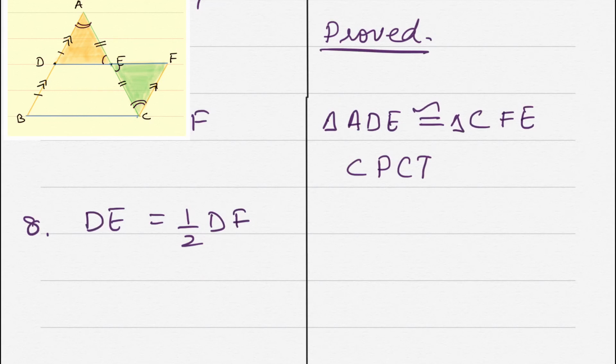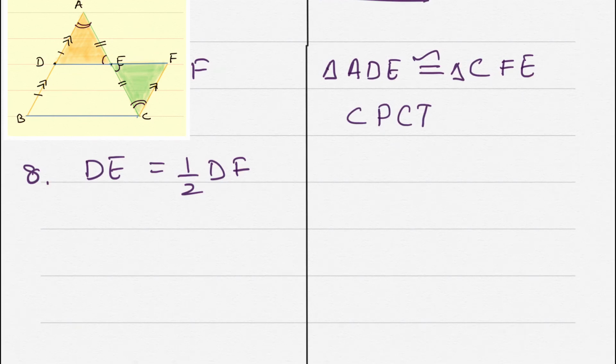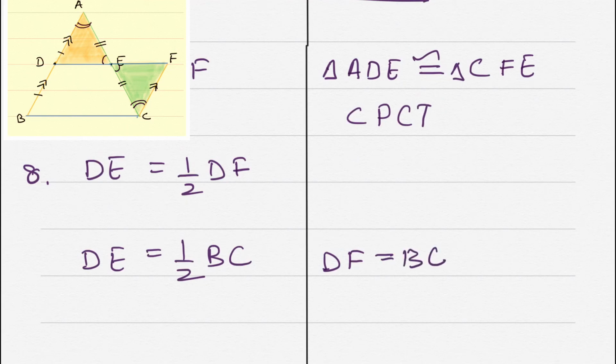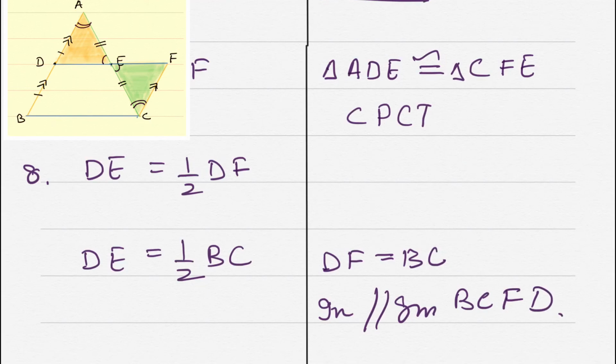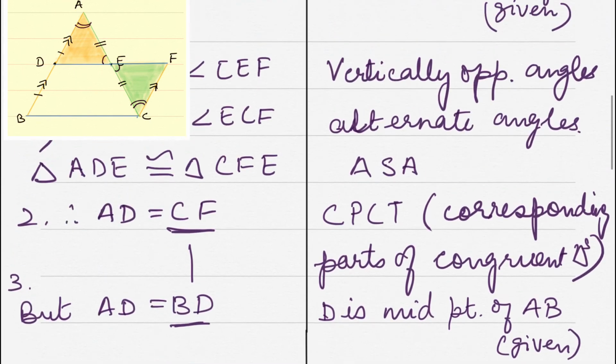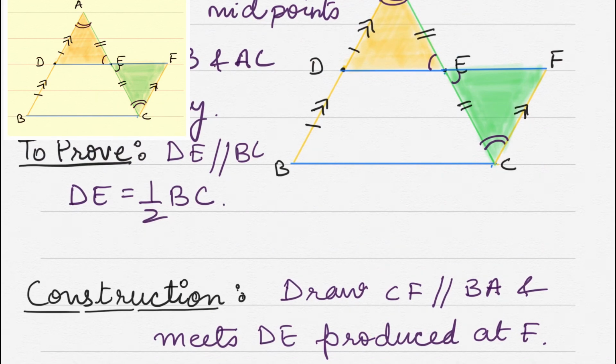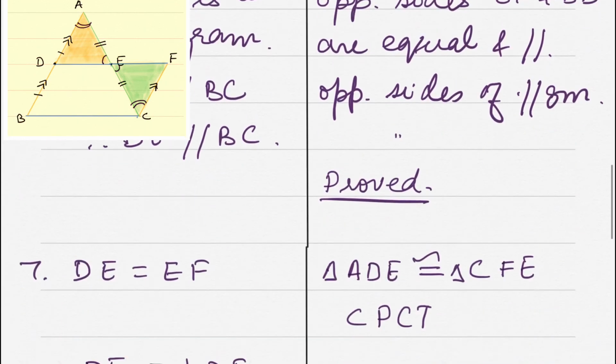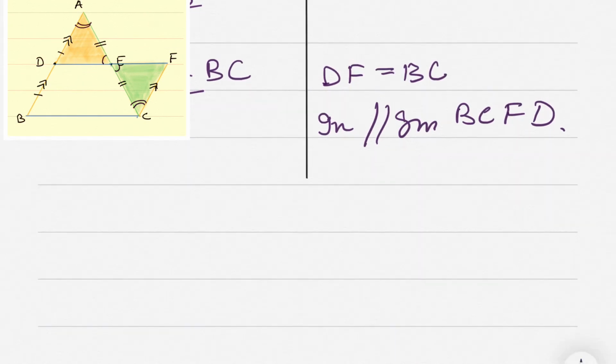But then I can also say that DE is equal to half of BC. How come BC has come? Because DF is equal to BC, because they are in a parallelogram BCFD, correct? These two are opposite sides of the parallelogram BCFD, so those are equal. So I can say that DE is equal to half of BC.